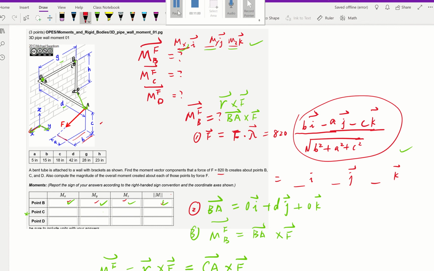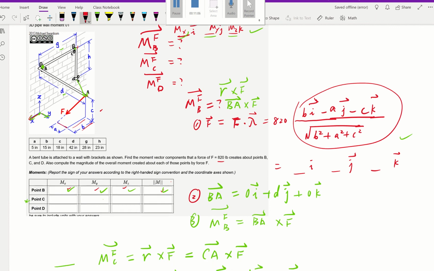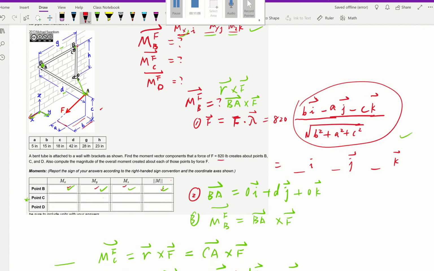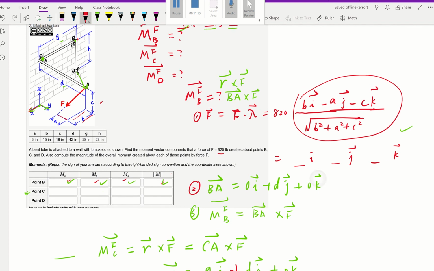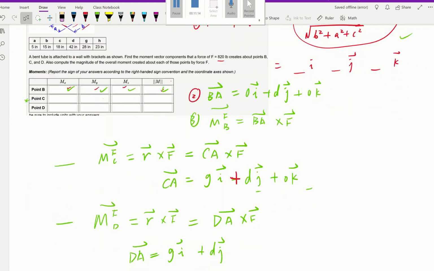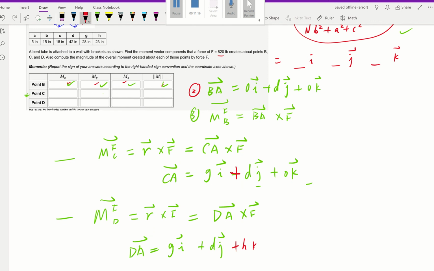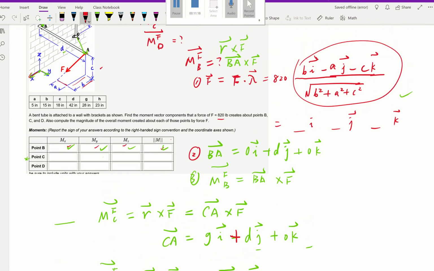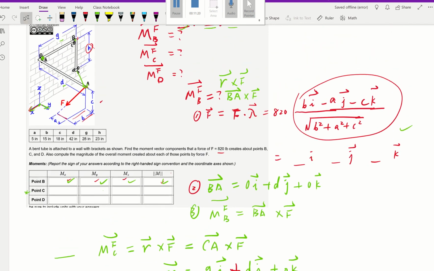Okay, A is at the same level as C, and C is above D by H. So A minus D, A is above D. How much? H. So it's going to be plus H.